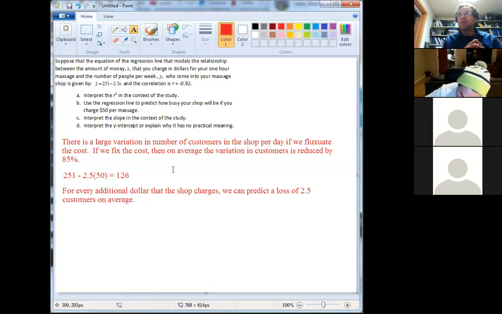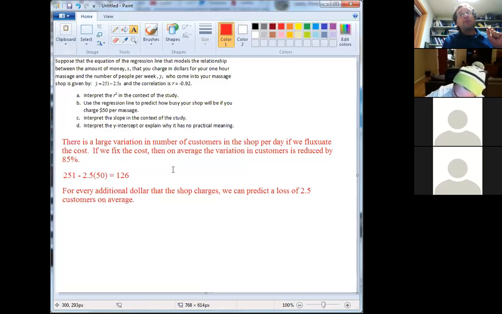Instead, you use words like we predict that, or there tends to be, or on average this, but you don't use any causation words. So that's really important. You will be tested on it, by the way.